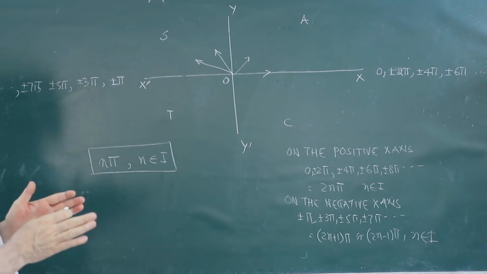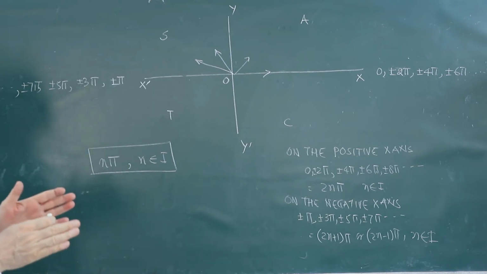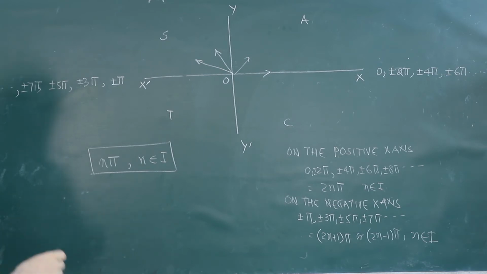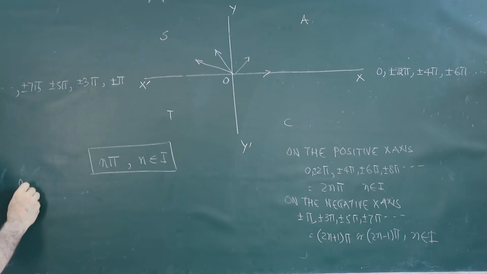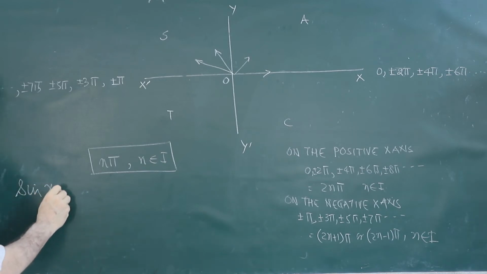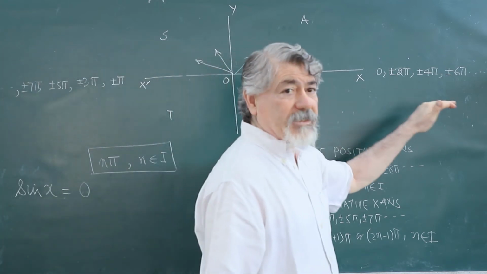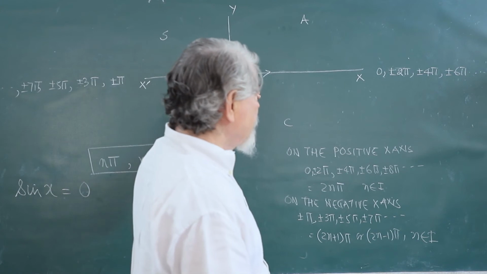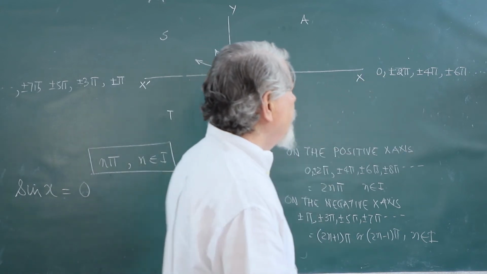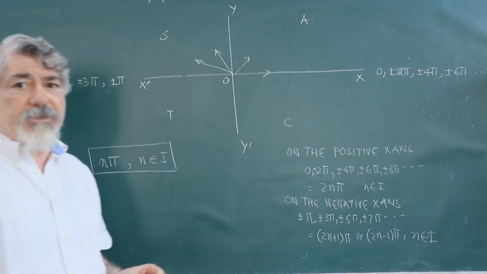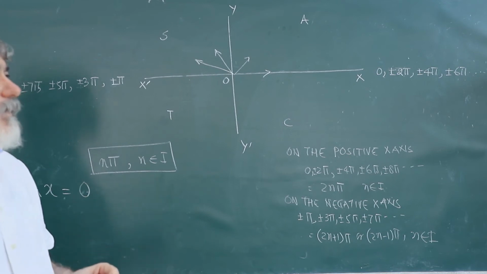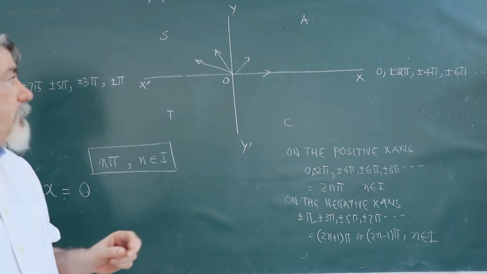So the first trigonometric equation which we are going to discuss is: if sine x is equal to 0. Now sine x is 0 on the x-axis. Whether you go on this side, sine 0 is 0, sine 2 pi is 0, sine 4 pi is 0, sine 6 pi is 0.